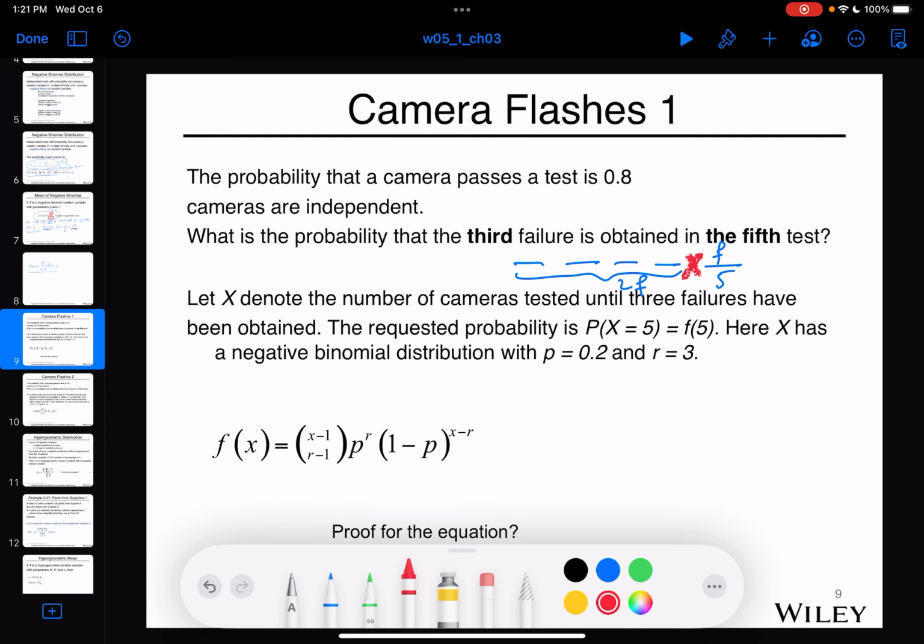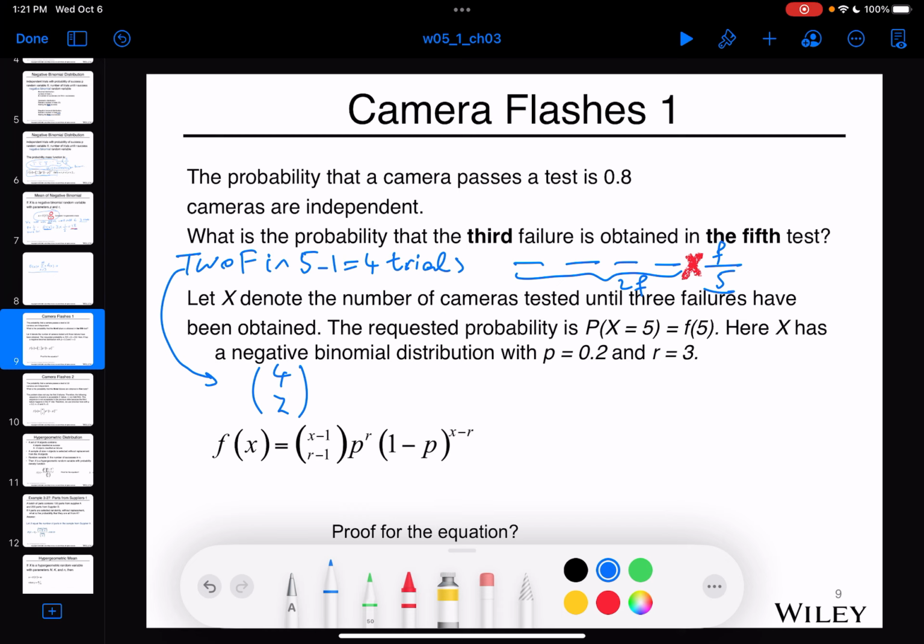So the first experiment, I want to have 2 failures in, so I use the fifth experiment here. So in 5 minus 1 experiment, which is 4 trials, right? So I want to have 2 failures in 4 trials. That's the binomial distribution, right? So it's going to be 4 choose 2, times P. So here we have to be careful what we define as success, right?